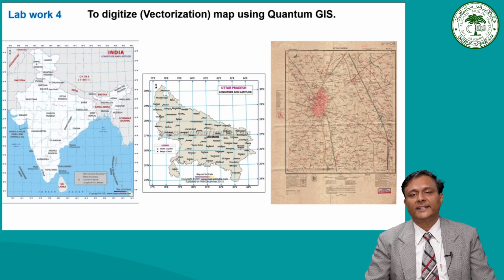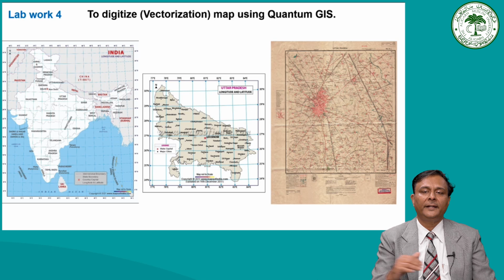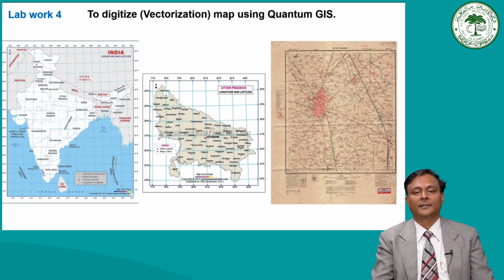It includes selecting the type of feature class, filling the data, saving the data and exporting the data. The first step, which we have already done, is to georeference the data, so that on the parent data, the base map, we would digitize and bring the spatial information in digital format. We did it in our previous session.